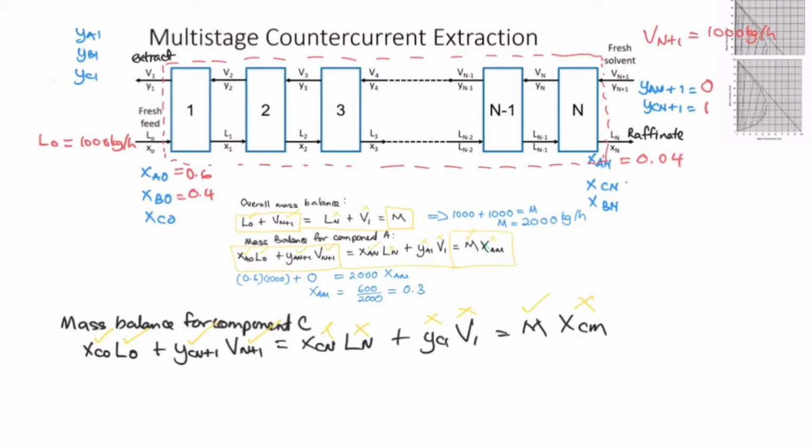Okay, now let's do the substitution. XC0 is equal to 0, and anything multiplied by 0 is 0. Then you have YC(N+1), which is 1, multiplied by V(N+1), which is 1000. And then this is equal to, you don't have that information, and then you also have this part, which is equal to M, which we just calculated as 2000, and we also don't know XCM.